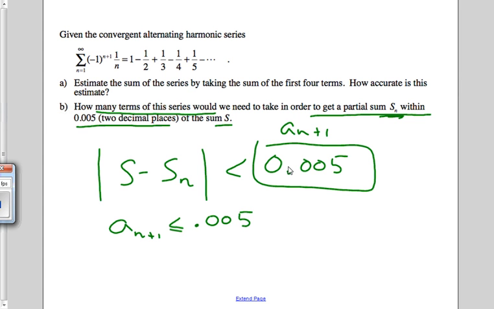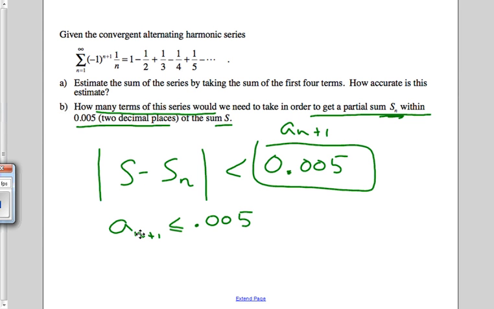Well, our error of 0.005 is typically a sub n plus 1. So we can think about this the other way: a sub n plus 1 must be less than or equal to our error 0.005 if our approximation is going to be as good as we want it to be, with our restrictions.